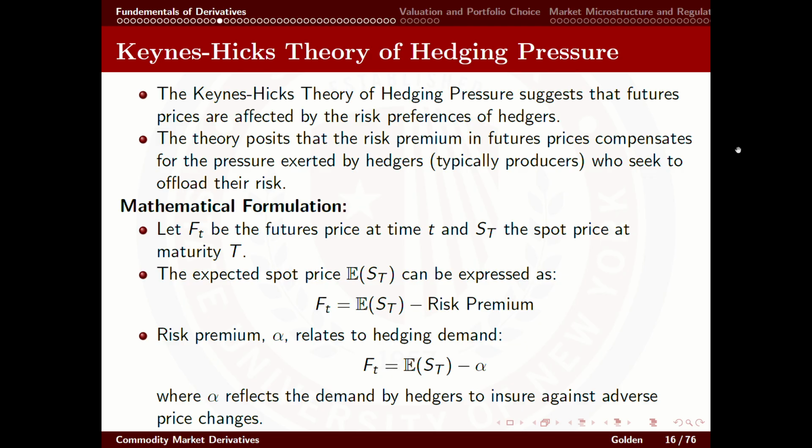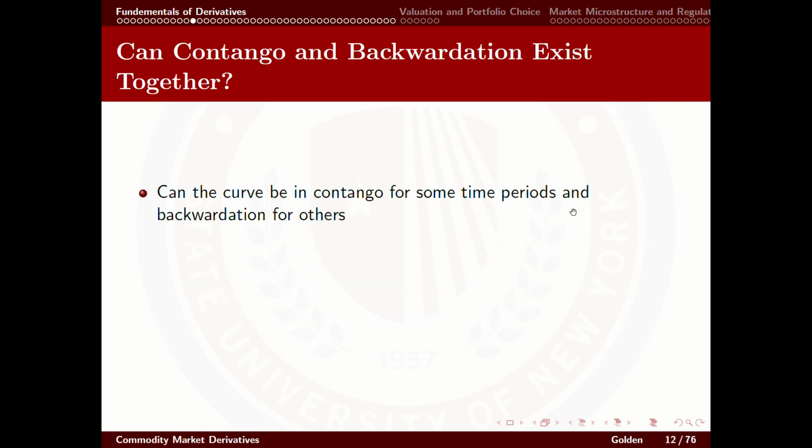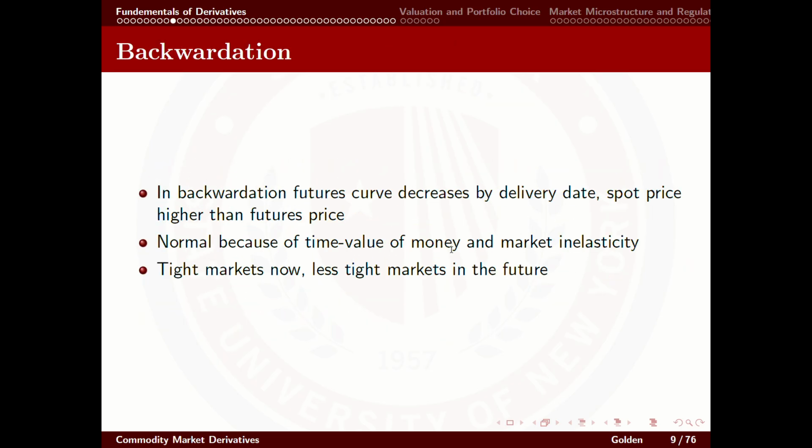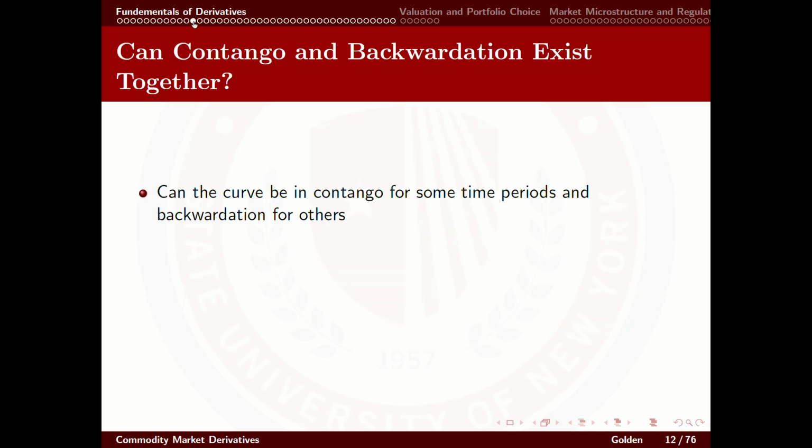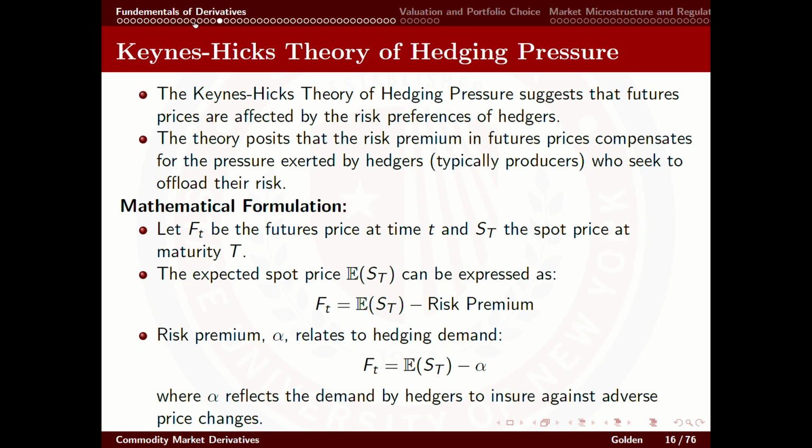So this is why normally the futures price is lower than the spot price, and you call it normal backwardation. This is the idea that normally producers are seeking to offload risk.